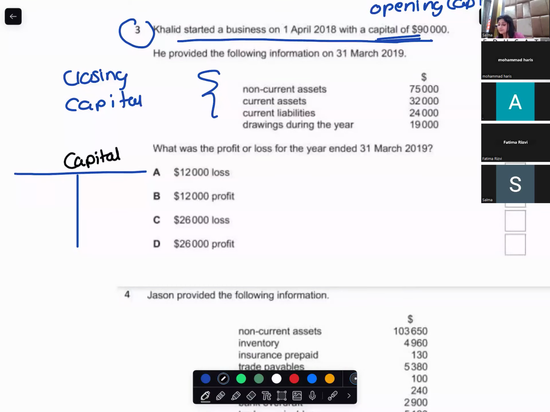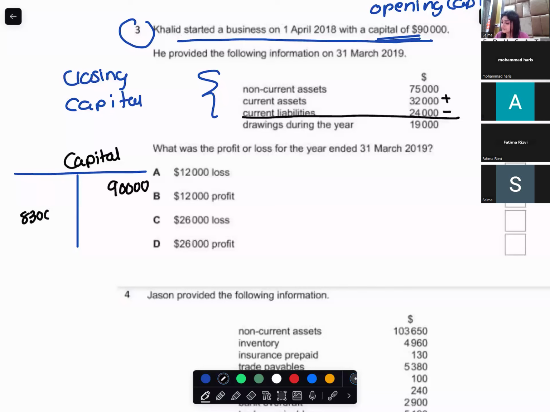Okay, so balance brought down on the credit side, how much? 90,000. What is the closing capital? The closing capital is unknown. Non-current assets plus current assets minus current liabilities. 75,000 plus 32,000 minus 24,000, 83,000.